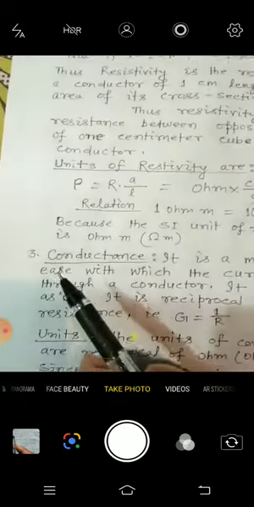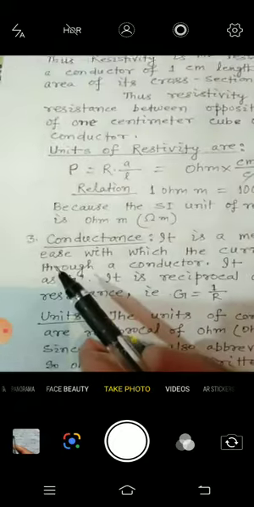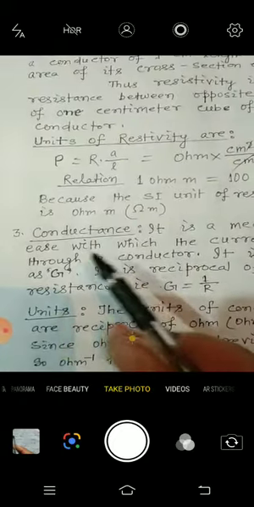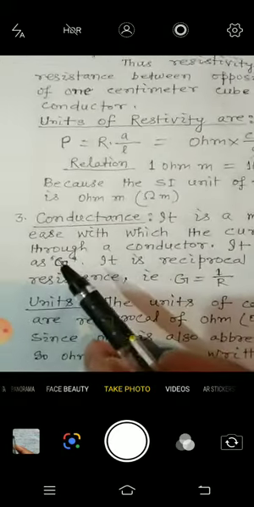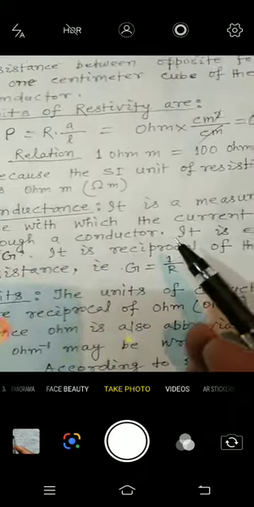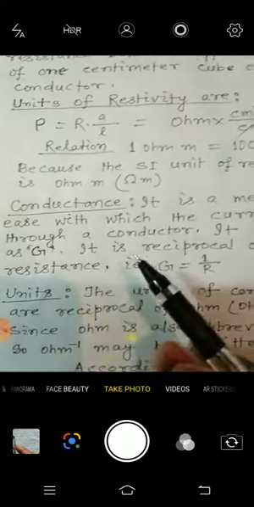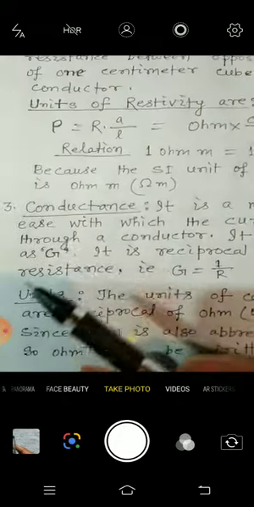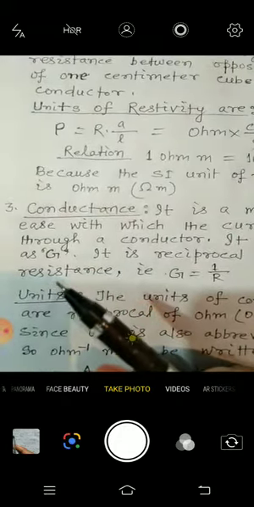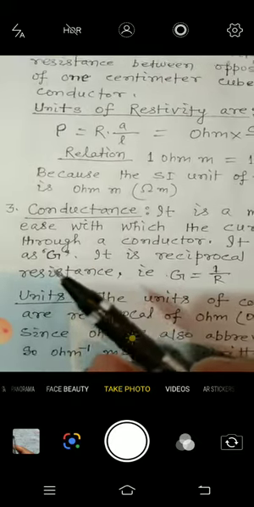Now conductance. It is a measure of the ease with which the current flows through a conductor. It is expressed as G. It is the reciprocal of the resistance. Conductance is just the reverse of resistance, and resistance is just the reverse of conductance.